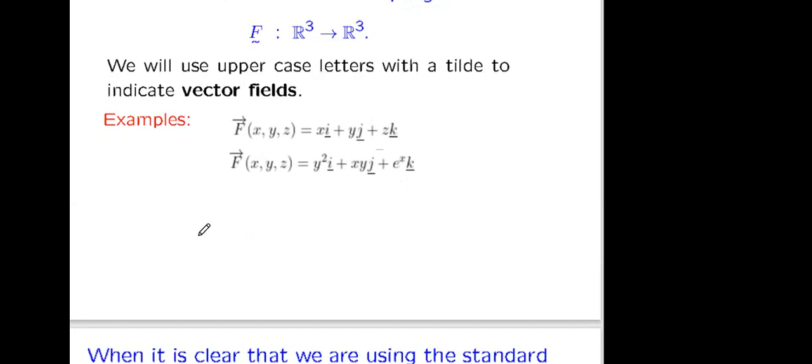If you draw the axes, x, y, and z, this is i, j is the unit vector along OY, and otherwise k.